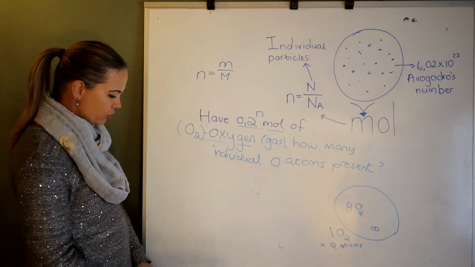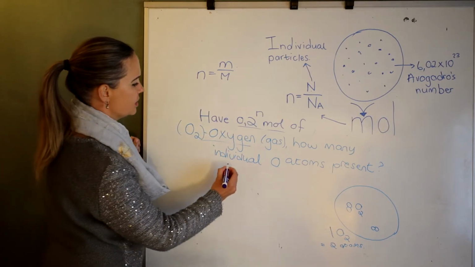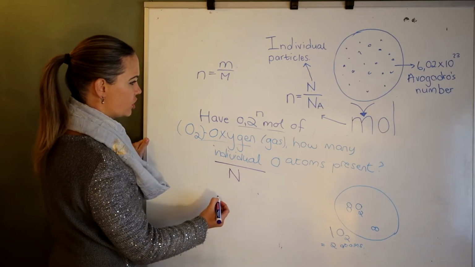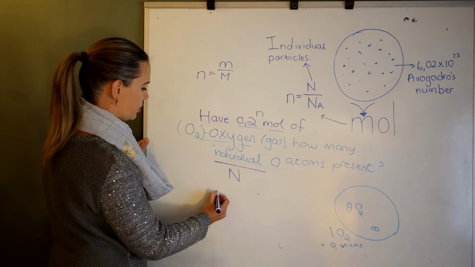Right, so again, we've got the number of moles, we have the identity of the substance. What is being asked is an individual number of oxygen atoms. So we'll use this equation again.